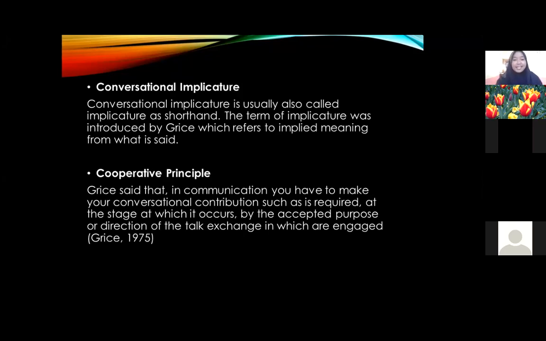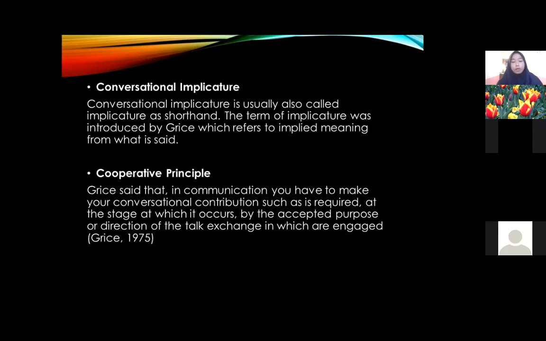Next is the cooperative principle. Grice said that in communication, you have to make your conversational contribution such as is required. According to Grice, conversational implicature occurs as a result of violating one of the four maxims. The four maxims are something like rules. So the conversational implicature occurs as a result of violating one of these rules.